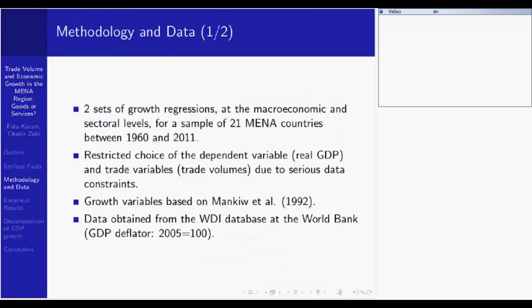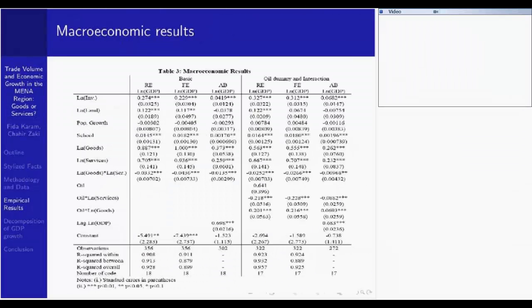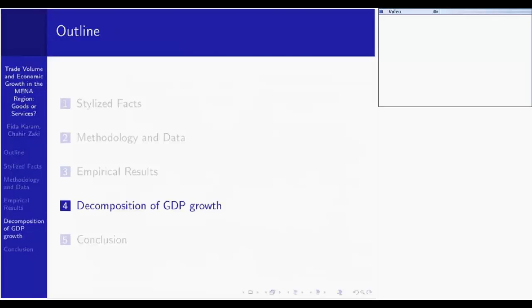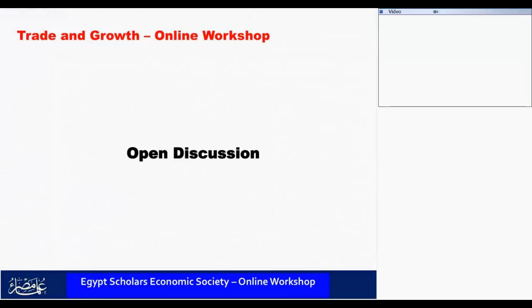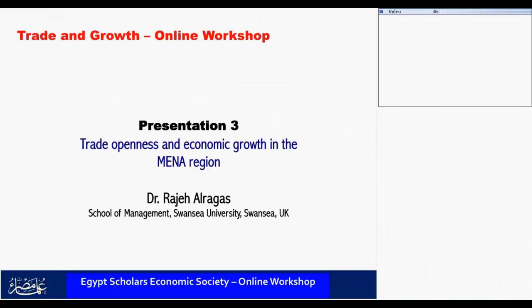He is also an active member of a number of professional associations, such as the Saudi Economic Association, the American Economic Association, and the Agricultural and Applied Economics Association. Dr. Raji will present his paper today, Trade Openness and Economic Growth in MENA Region. Please, Dr. Raji, you may start.